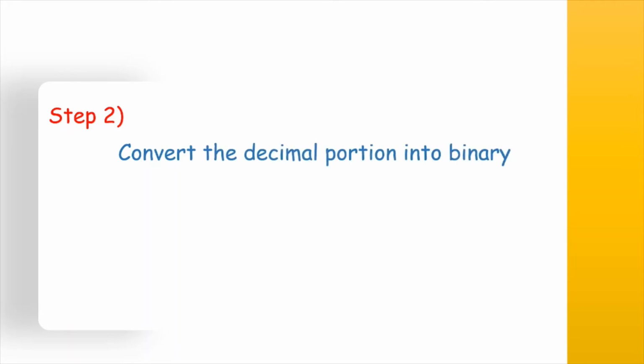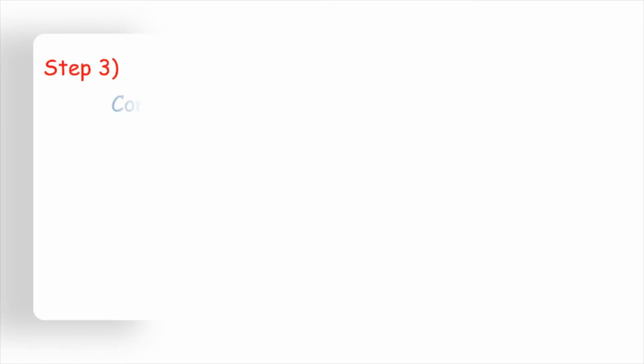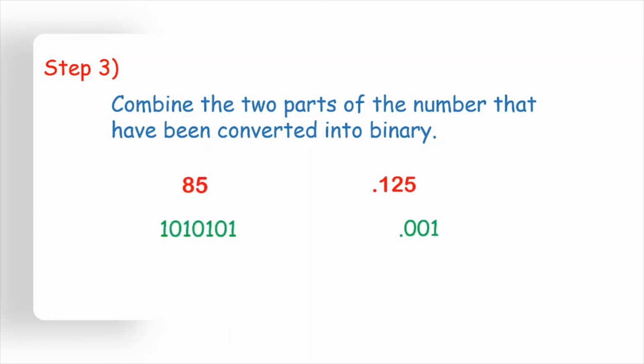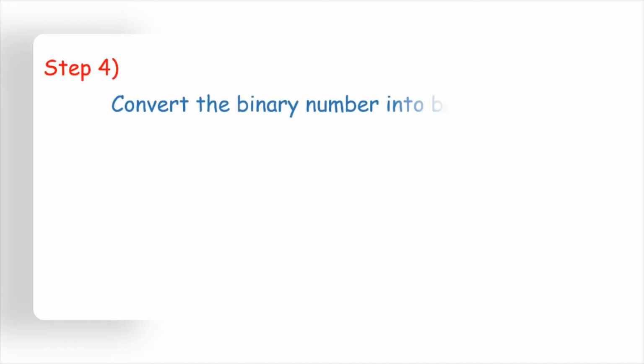In step 2, convert the decimal portion into its equivalent binary number. In step 3, combine the two parts of the number that have been converted into binary. Step 4, convert the binary number into base 2 scientific notation.